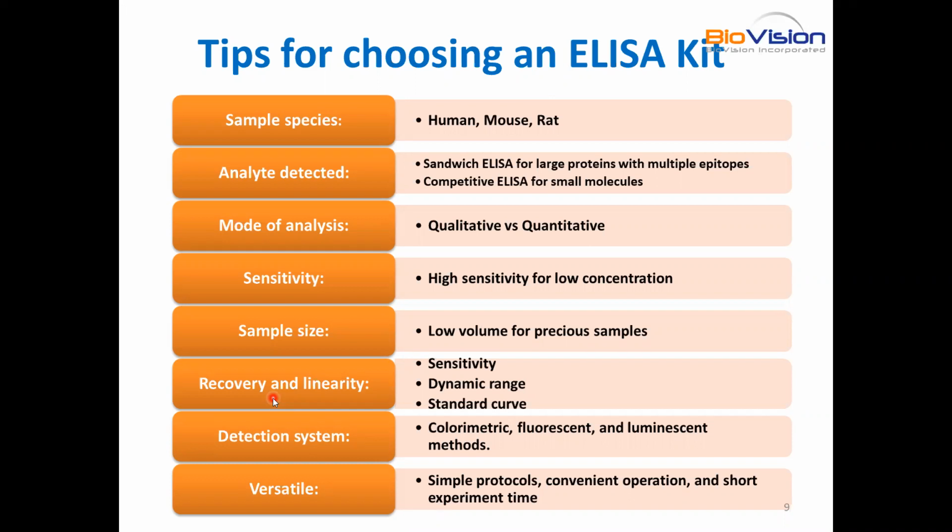So samples can be in different matrices. So the recovery data will tell whether the performance of the kit is affected by different matrices. So the higher the recovery, the better the ELISA kit is.